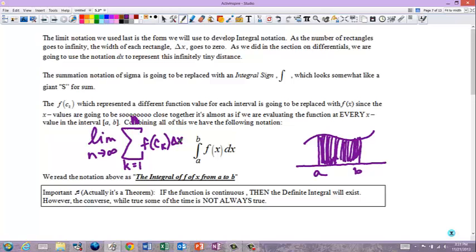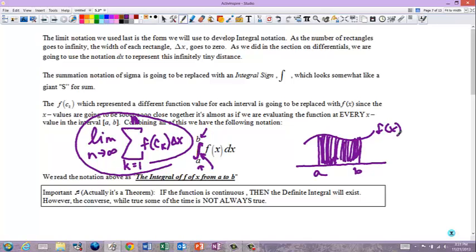All that is a bunch of notation that says as the number of rectangles goes to infinity, it makes the area. So this little integral sign is pretty much the sum. It's saying this is the area under the curve from A to B of f of x. That's all it's wanting you to do.